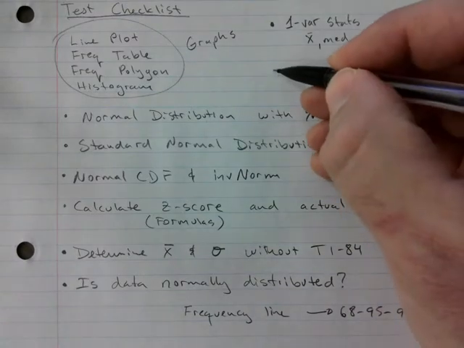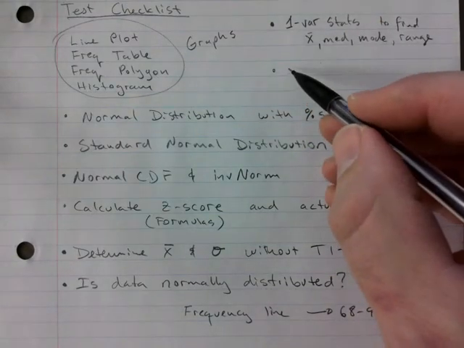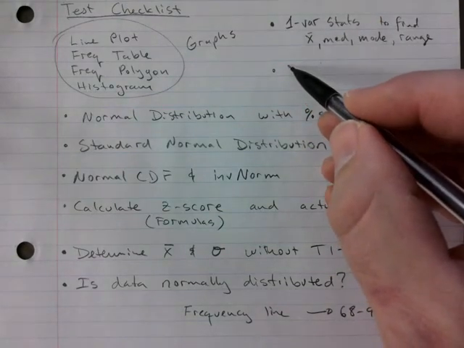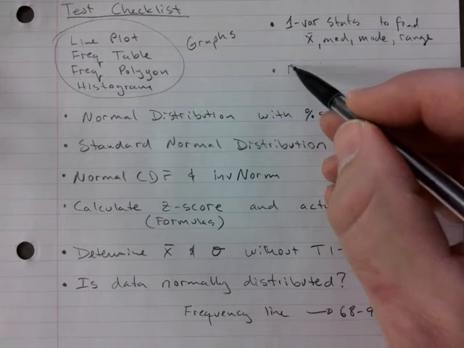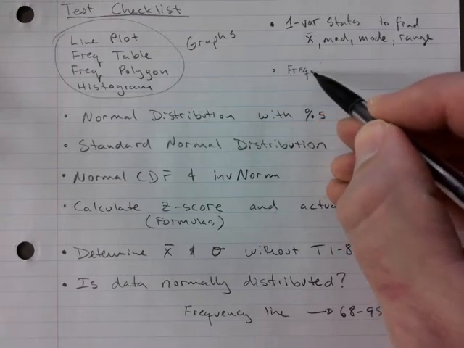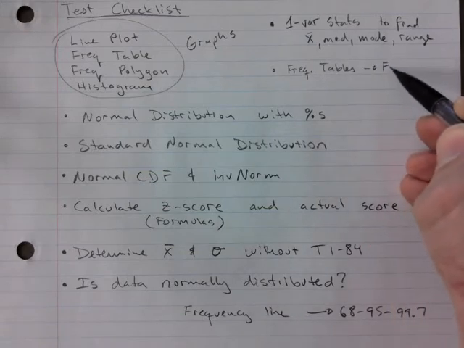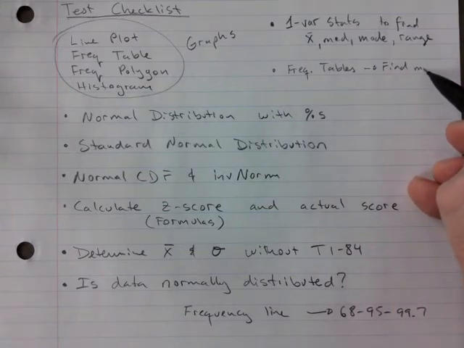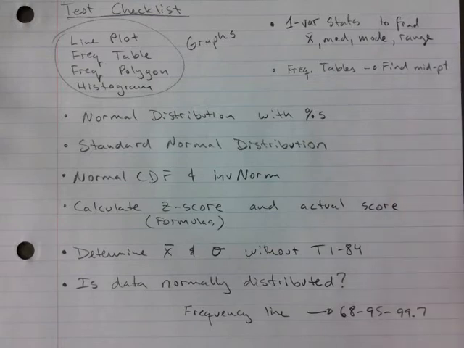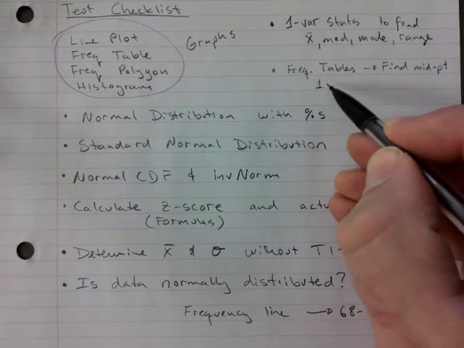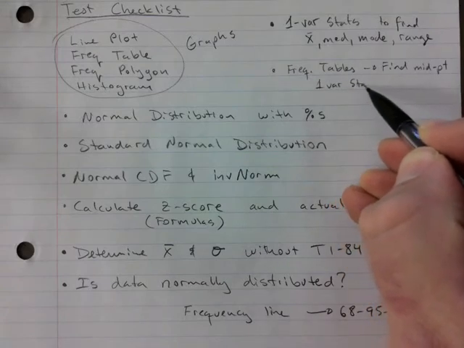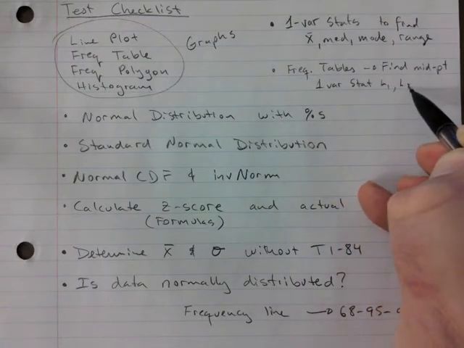And I'll also say frequency tables, find midpoint, and then it's one variable stat, L1, comma L2.